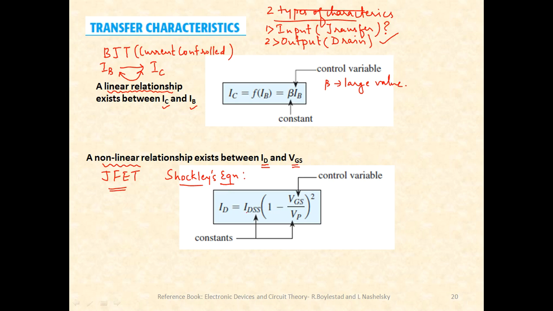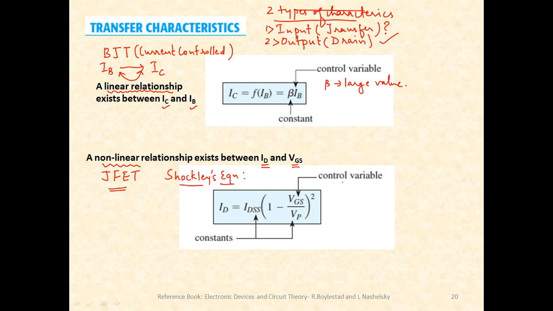Okay, so this is Shockley's expression, which gives the formula for the drain current, and it is expressed like this: ID is equal to IDSS, where IDSS is the drain to source current during saturation, multiplied by 1 minus VGS upon VP, the whole square.